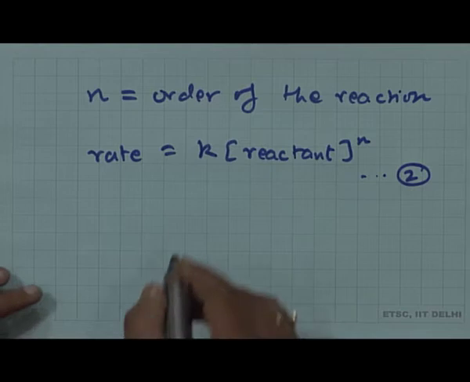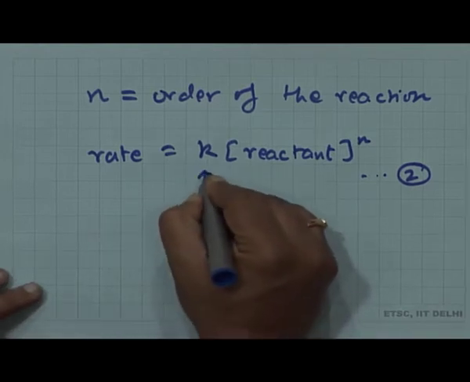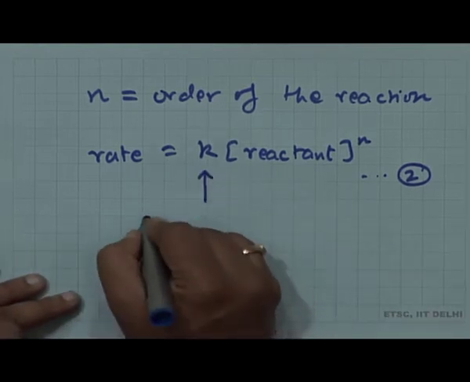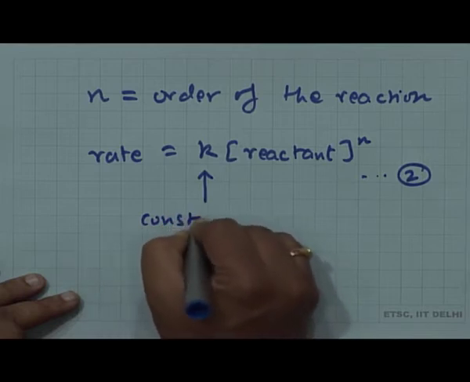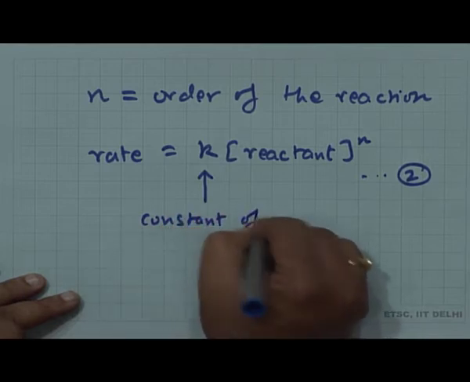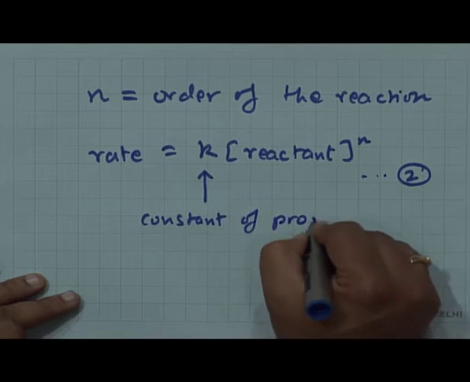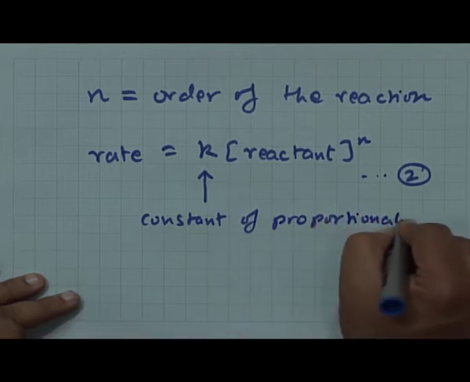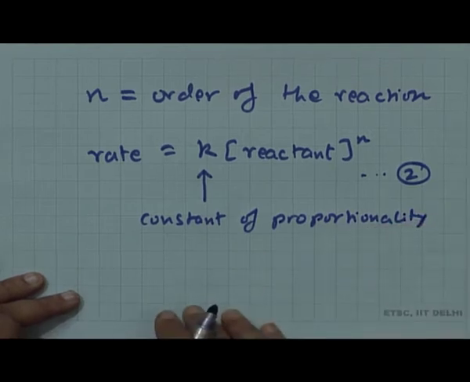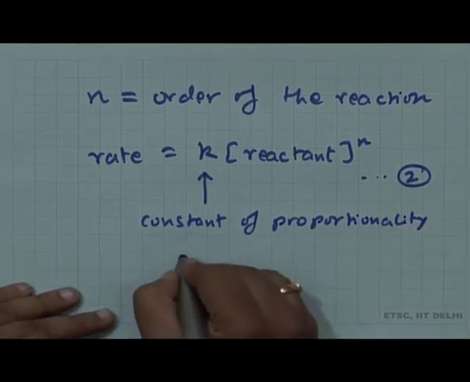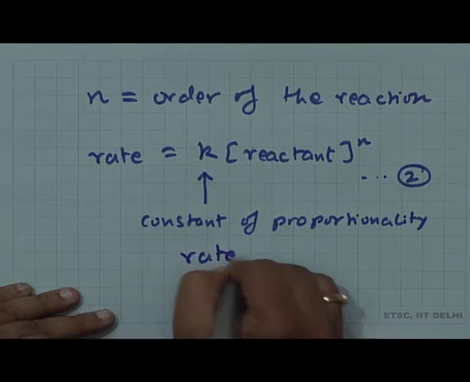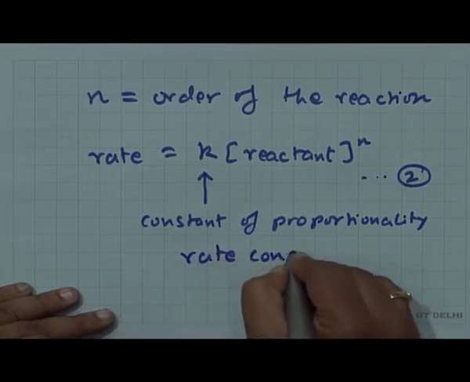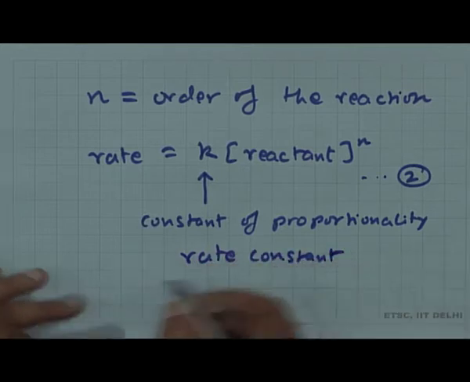Obviously, now you realize that this K is my constant of proportionality, and hence this one is called the rate constant.